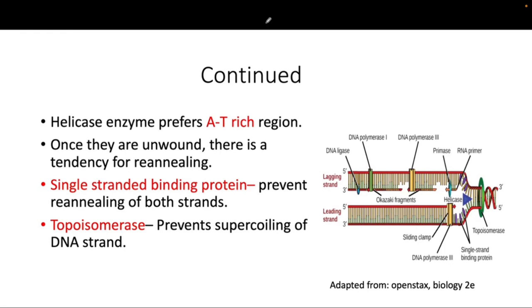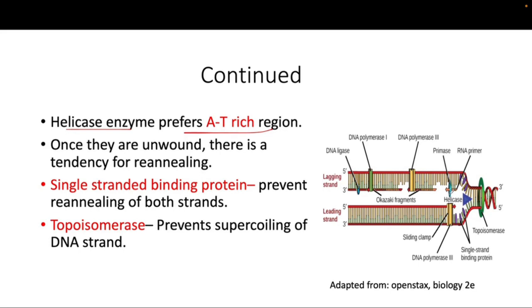So this enzyme would obviously prefer to break two bonds instead of three bonds. So helicase enzyme prefers the AT rich region because they have two hydrogen bonds. So as I said, this enzyme is opening up the DNA and it is breaking down the hydrogen bonds.